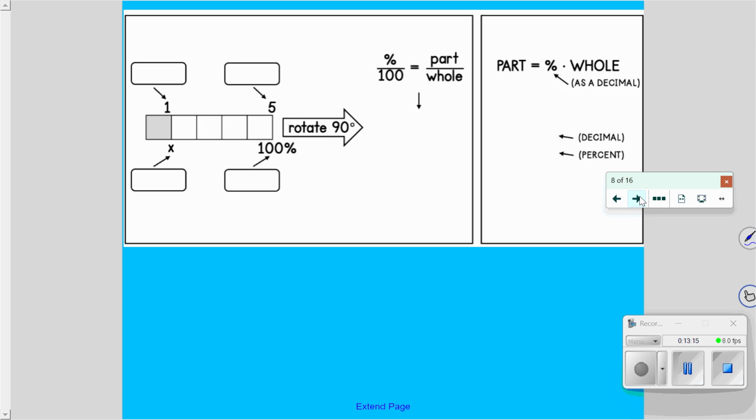Which part of the equation is the 1? The part. So what is the 5? The whole. What is the x? The percent.